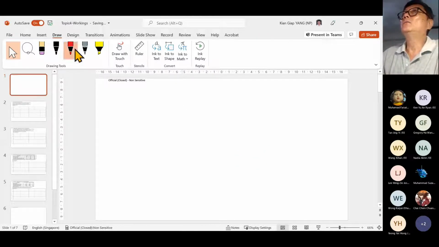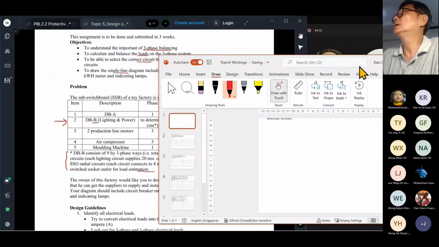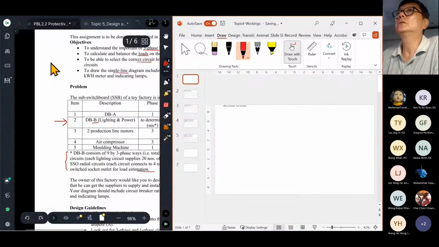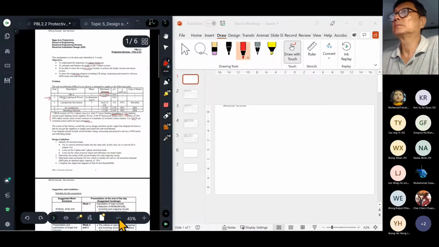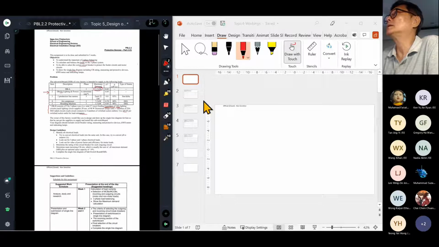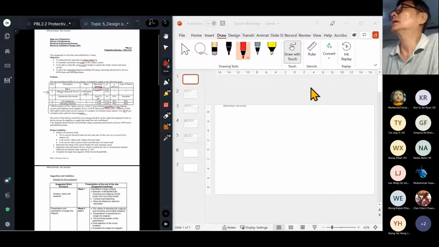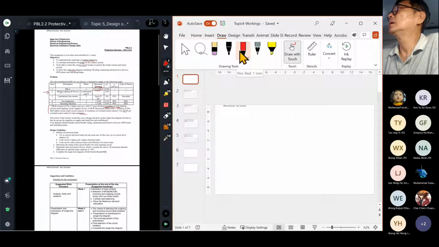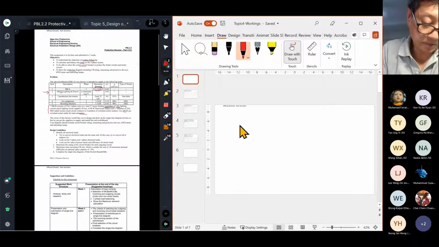All right, so if I were to read this PBL, and I try to imagine how my single line will look like, I can draft something like this. I can draw something like this. Okay, so now this is a sub switchboard, SSB.